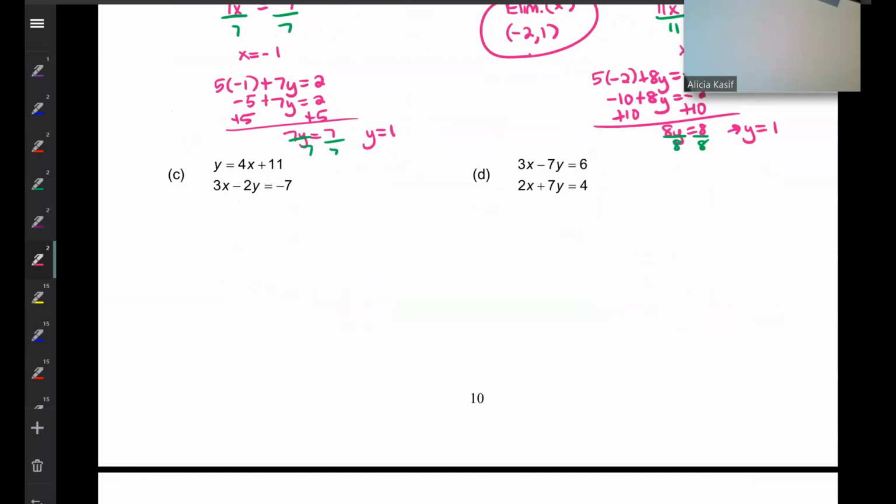Next one, I see that I have a variable that is isolated. So I am going to actually use substitution here. So I'm going to substitute y with 4x plus 11.